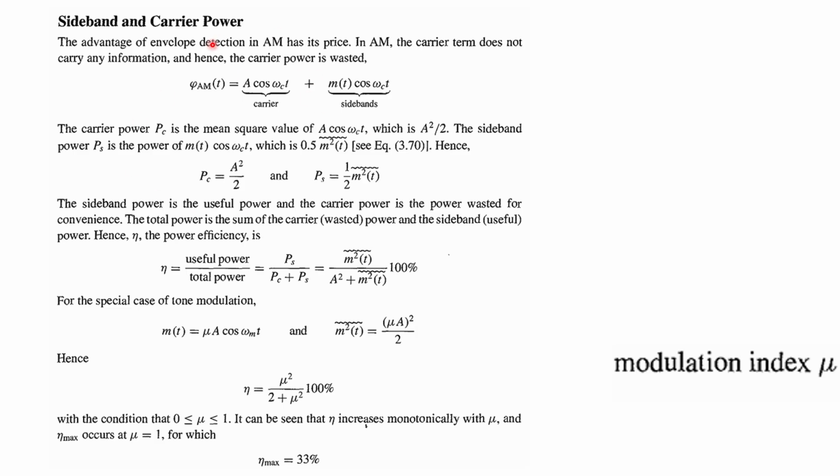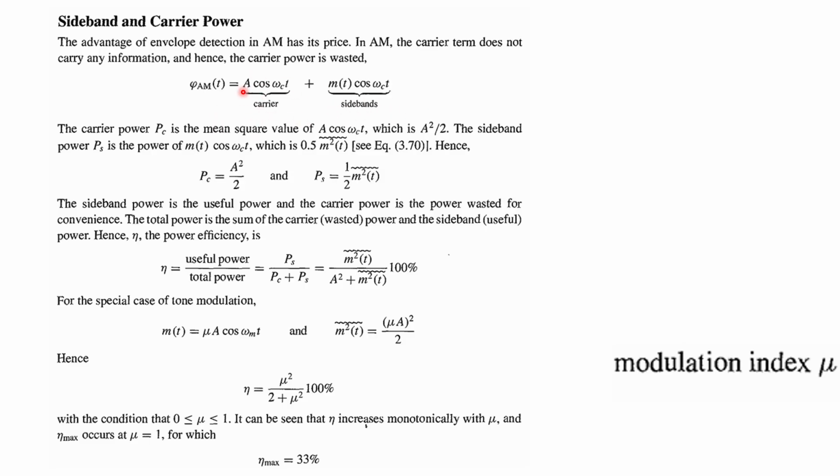Now you can also find out the power, right? So how can we find out the power? So here is your sideband and carrier power. Here we can write the modulated wave is equal to A cos omega c t plus m(t) cos omega c t.